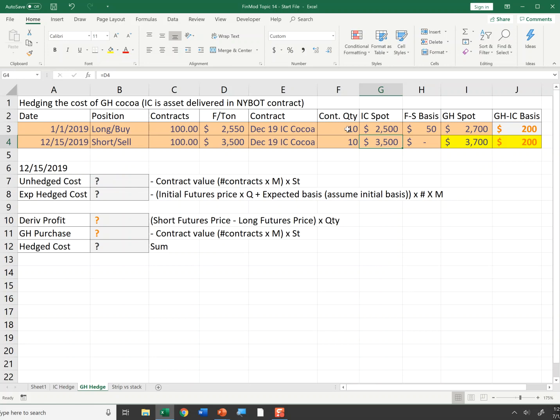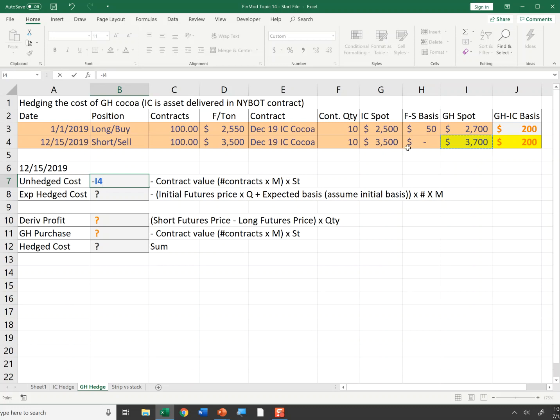So this is a bad situation if they are not hedging, because they would pay the new spot price of Ghana cocoa in this case. So let's remember, in this case, they're going to buy Ghana cocoa. This is the asset they want. The futures contract is for Ivory Coast.